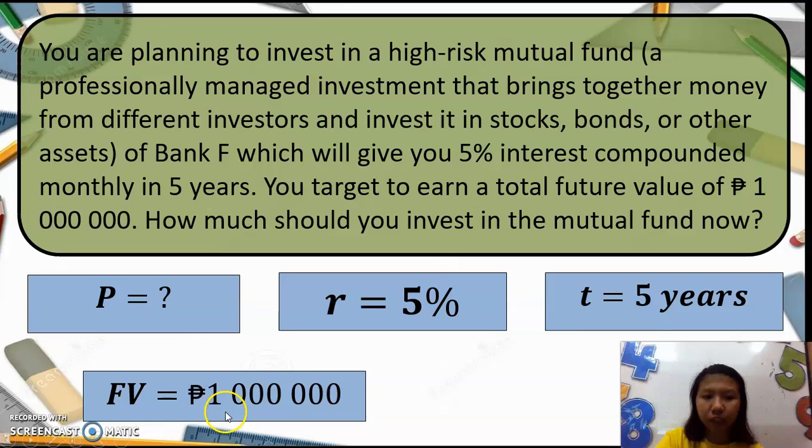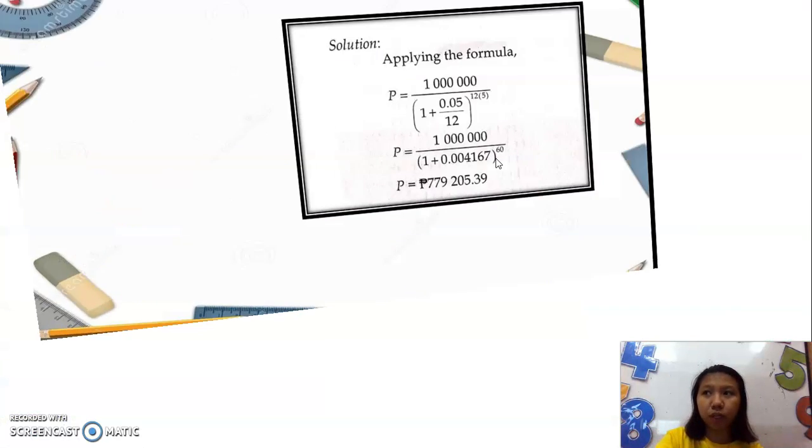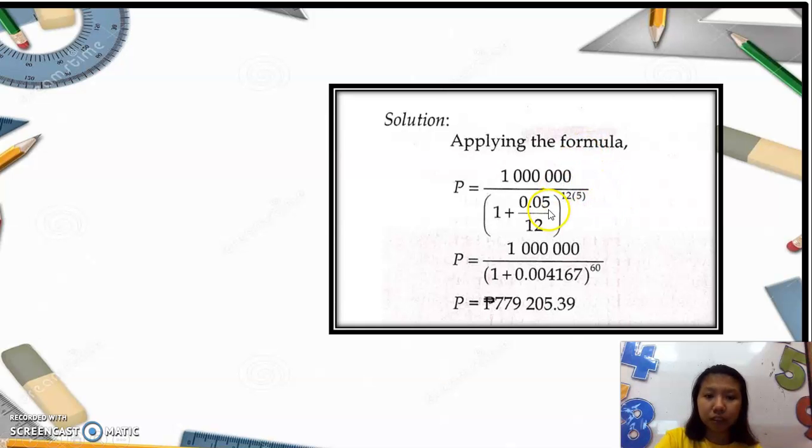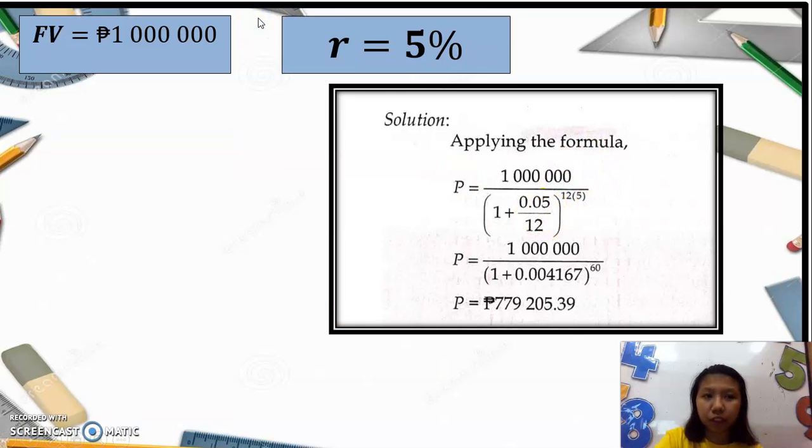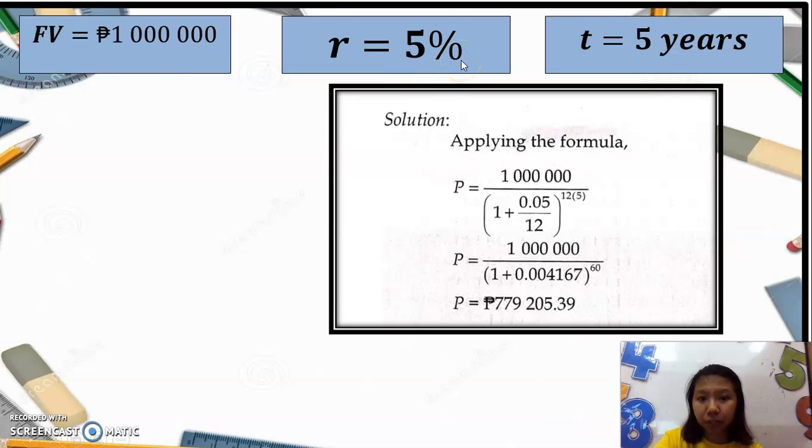We have the future value, which is 1 million pesos, the rate, which is 5%, and the time is 5 years. The number of compoundings will be monthly, so we have 12, because compounded monthly is the clue word. Again, when we have compounded monthly, we have 12 compoundings a year.